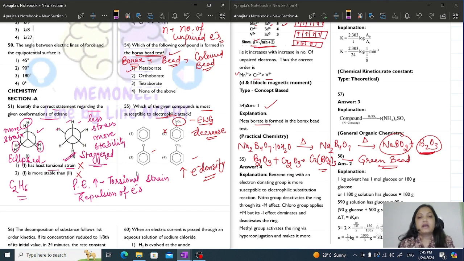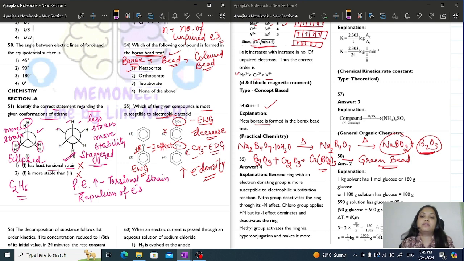Now if I look at chlorobenzene, although in the case of chlorine there is a plus R effect, so it donates electrons by the plus R effect, still there is a minus I effect. Minus I effect means again it's an electron withdrawing group, so overall it deactivates the ring towards electrophilic substitution. Now if I look at CH3, yes, it's an electron donating group.